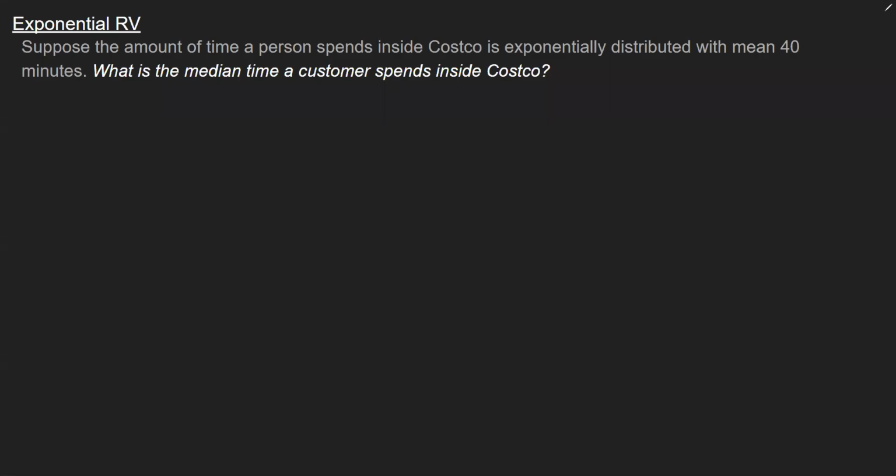For the second part here, we have the same distribution, but now the question is asking for the median time. So what is that? Let's draw out this distribution so we can get an idea of what it looks like. So here's my x-axis, the time.